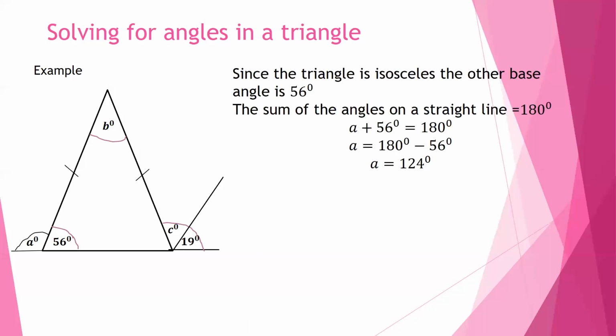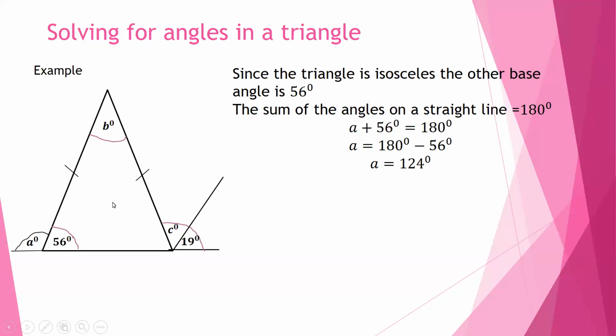So first, we want to find angle A. Since the triangle is isosceles, the other base angle is 56 degrees. We are saying it's isosceles, right?